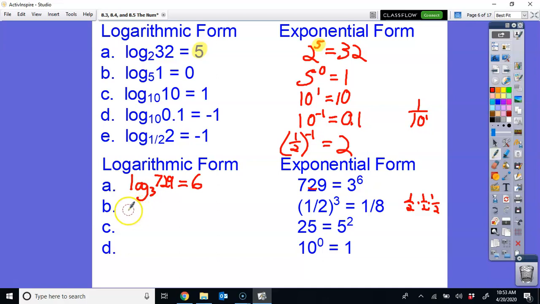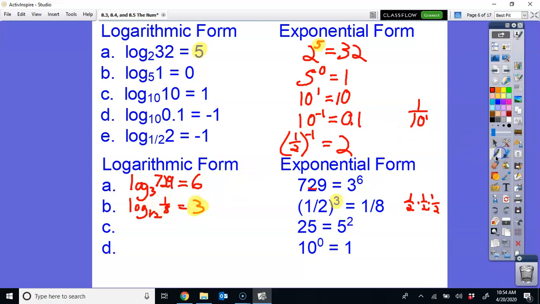So what a logarithm definition says is log base 1/2 of 1/8 is equal to 3. Remember, this base raised to this exponent equals this number. The answer to a logarithm is the actual exponent that you put on the base to get the number inside.